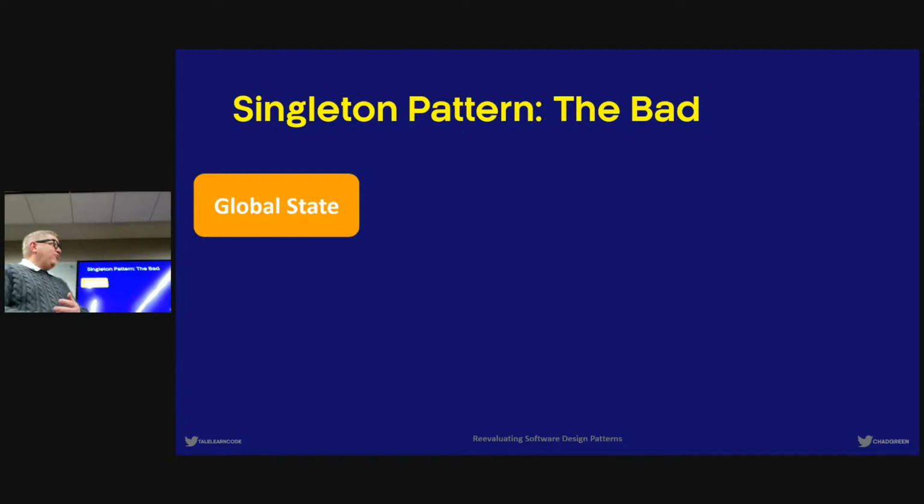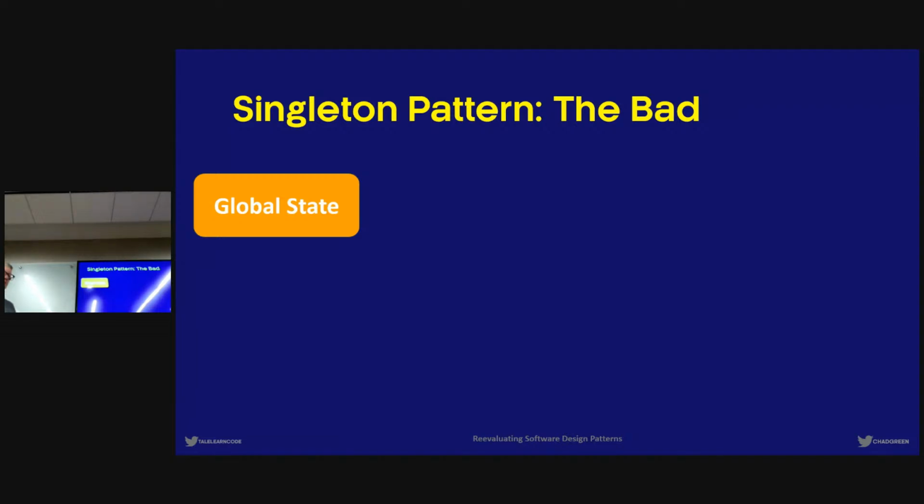But what are some of the bad things? Well, number one, I now have a global state, right? So the state is global across the whole application, and there can be problems with that. One, that state can start getting big, because I've got all these different objects using it, adding to it. It's not necessarily disposing of that memory as quickly as it could if it was in separate objects.